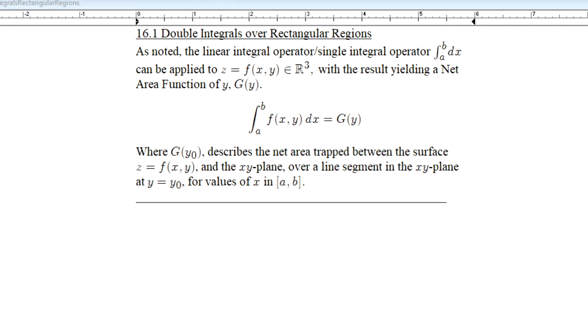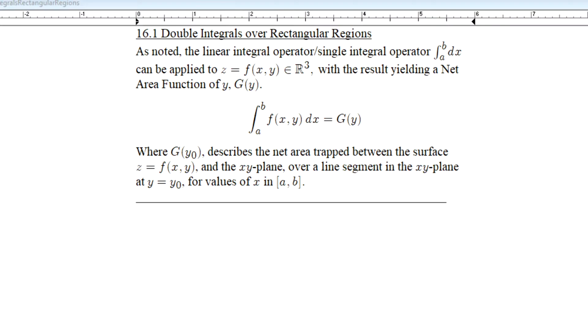So to begin with, here in Chapter 16, we are talking about multiple integrals, and what we did on that day before the break, where we spent a little time introducing these concepts, is we took some note of what we understand as single integration, which I pointed out is also known as linear integration.